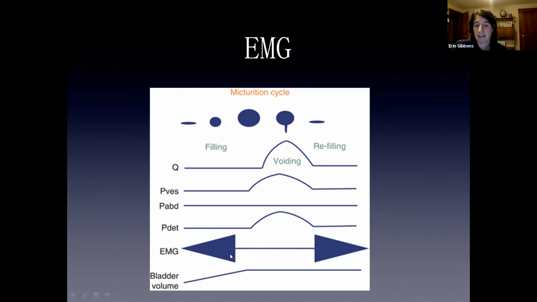This is the increased activity. When you then urinate, your sphincter opens, and it is being inhibited. So there should be no activity of the EMG of the sphincter. And then after you finish voiding, it'll start working again, because it's closed off to allow you to start filling.